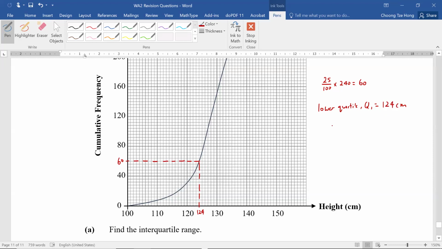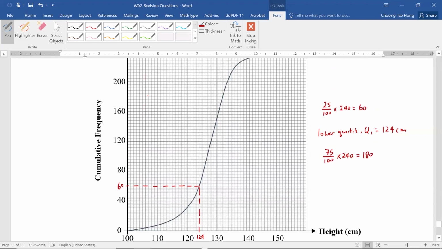Let's try to find the upper quartile now. The upper quartile is the 75th percentile. So 75 over 100 times 240 will give you 180. Right, so 180 will be directly between 160 and 200. So 1, 2, 3, 4, 5. So 180 will be here. If you go across, you will hit this.